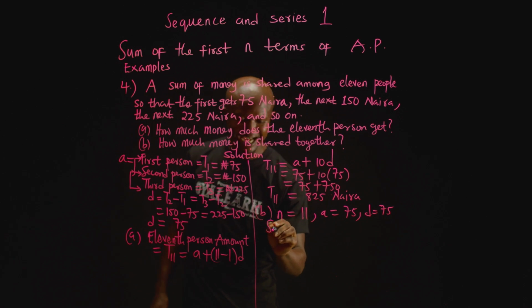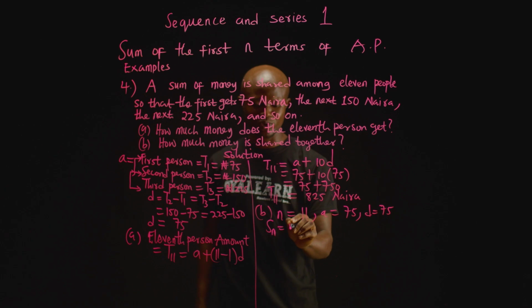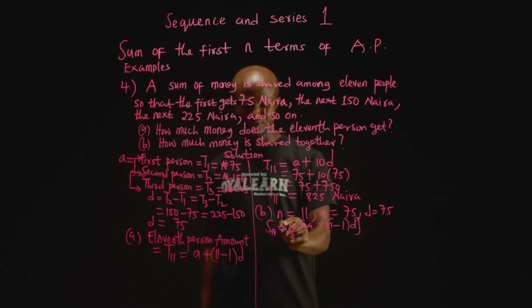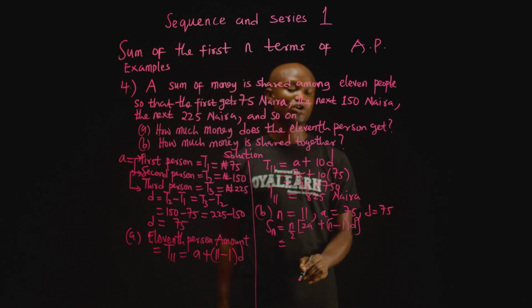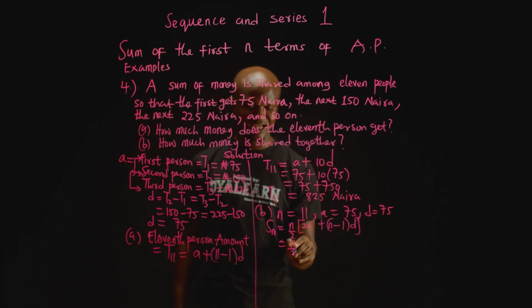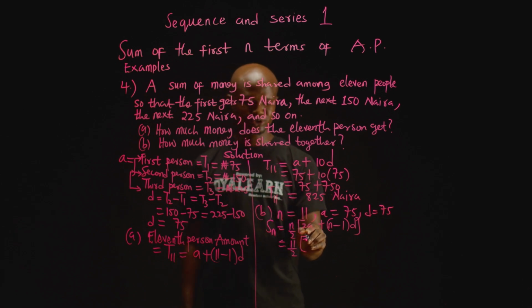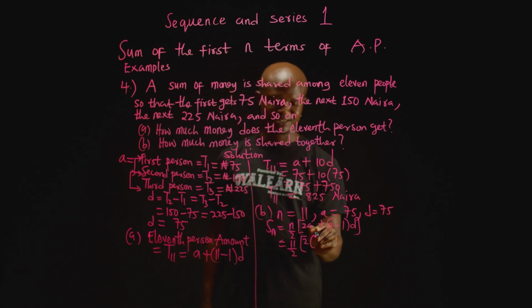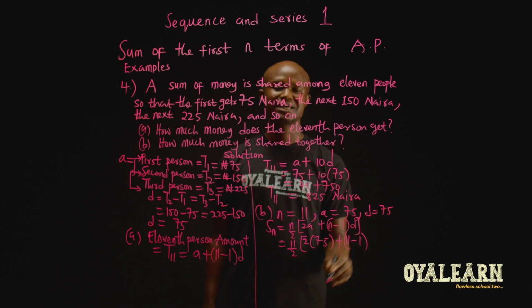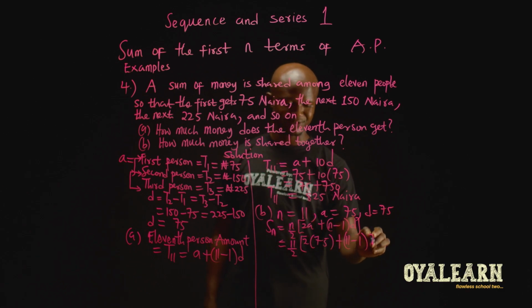So Sn equals n over 2 into 2a plus n minus 1 d. N is 11, so I will have 11 over 2 into 2a, a is 75, plus 11 minus 1 times d. D is also 75.